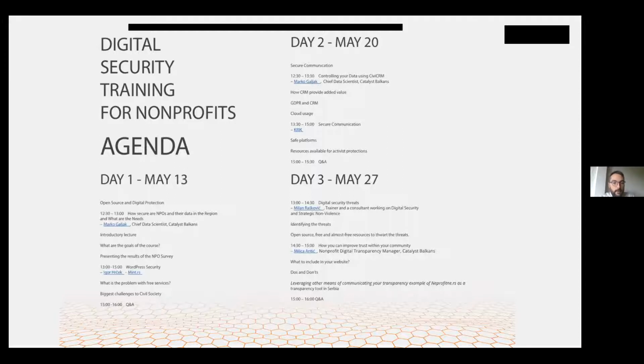I don't know the concrete number, but we almost have a monoculture of WordPress sites in the region, and that is a good thing. But it can also be a bad thing. WordPress security is very important, and Igor Hrčak will talk to you about this, and this will probably help you if you have a WordPress site, or if you plan to have one.